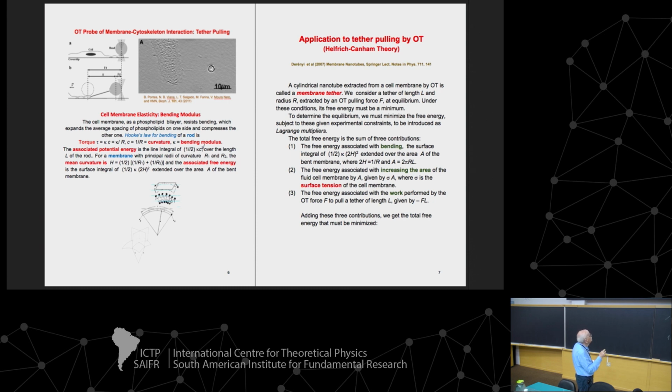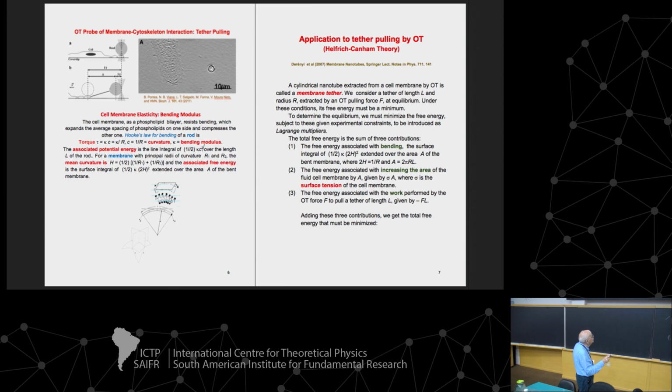So the total free energy is the sum of three contributions: the free energy associated with bending, where it's 1/2 of the bending modulus times the mean curvature squared, integrated over the area of the bent membrane.